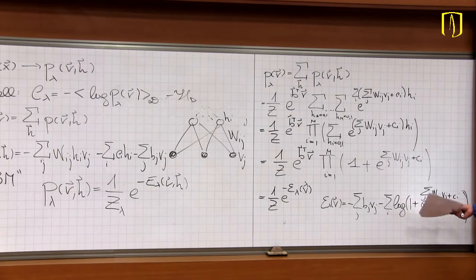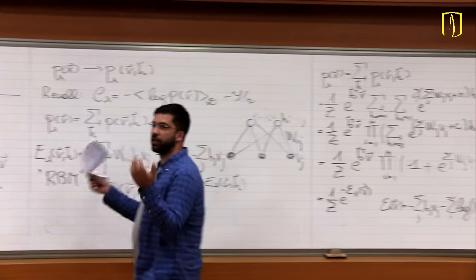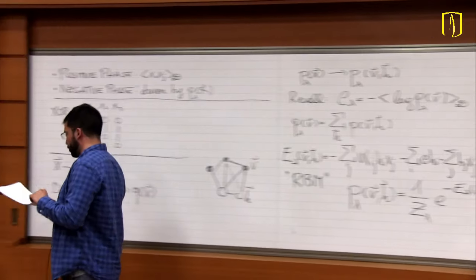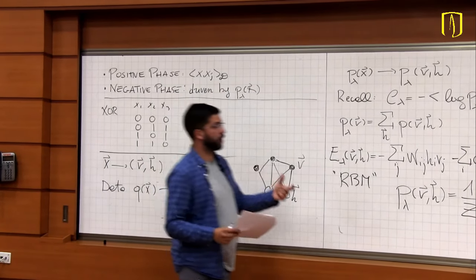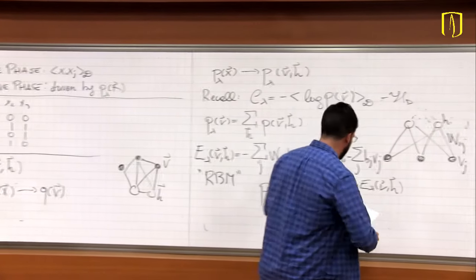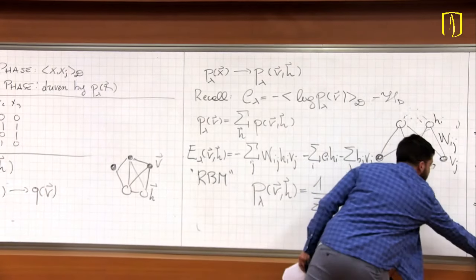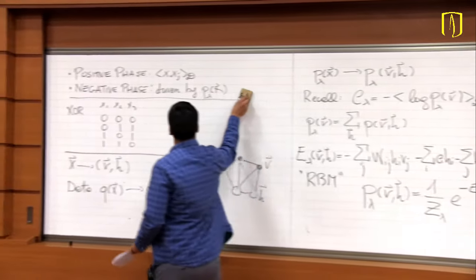If you take a Taylor expansion of this in V, essentially you're going to have correlation between V_i and V_j at any order. So you don't have this problem anymore. Now you can essentially capture any correlation with this energy function. And so let me just summarize a couple of points here.